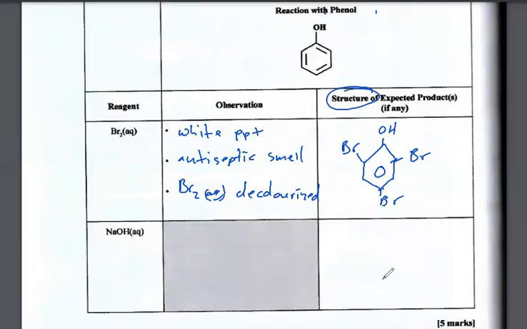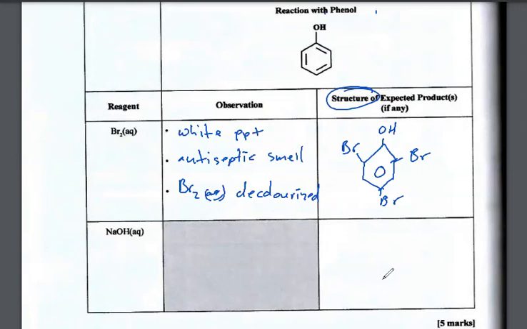Is everything here all the reagents, observations and structures that they will ever bring? They could bring anything else, or no, is this right? So when it comes to phenol, it is always these three reactions: bromine water, sodium hydroxide, and the acyl chloride, which I'm leaving out for now.